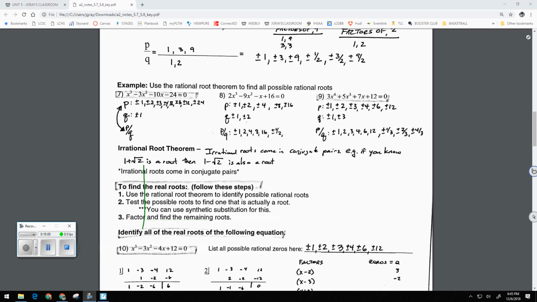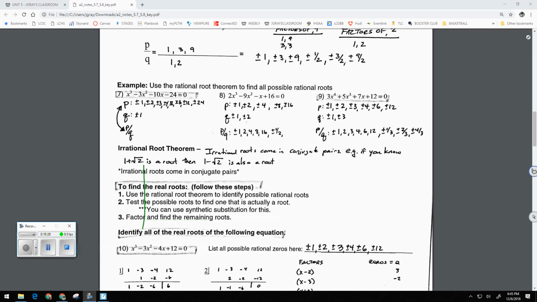Remember, irrational roots, those are your imaginary roots, the ones with the i. Those always come in conjugate pairs. It includes i, but it also includes roots that have square roots that are not perfect squares.